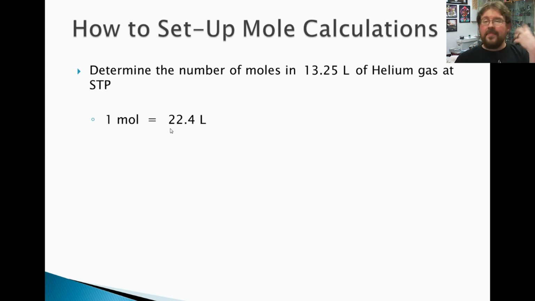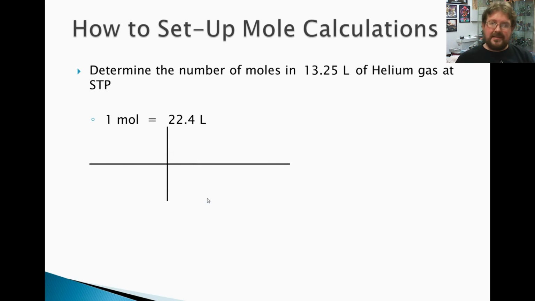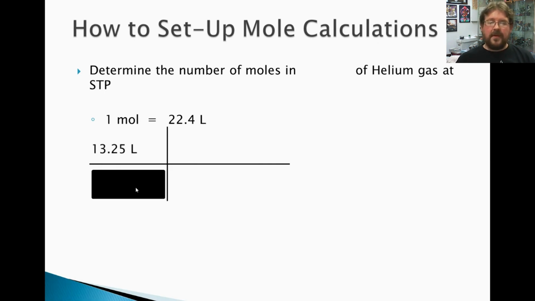Once we have that, that's everything we need to set up our boxes. What number goes in the top left? Our number from the problem, whichever one starts it. We black out the bottom left, okay? Remember, whatever unit's here in the top left, you want to match it in the bottom right. If we have liters here, we go to here. Which one's liters? 22.4. That goes right down there, okay?